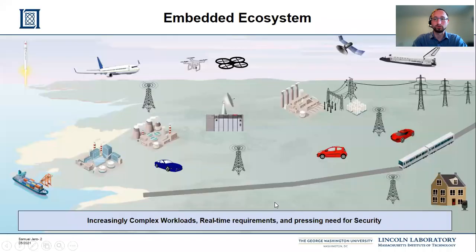Now, the focus of this work is on embedded systems, which come in a variety of forms and can be found in everything from the power system to factories, to planes and trains, and even the cars we drive.